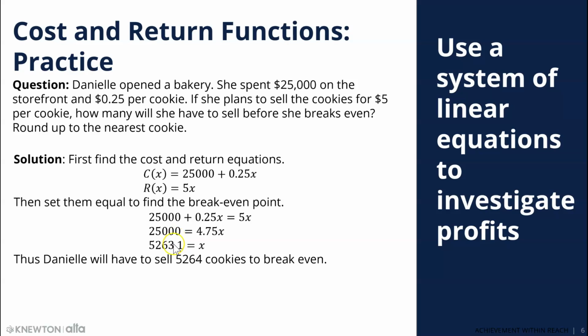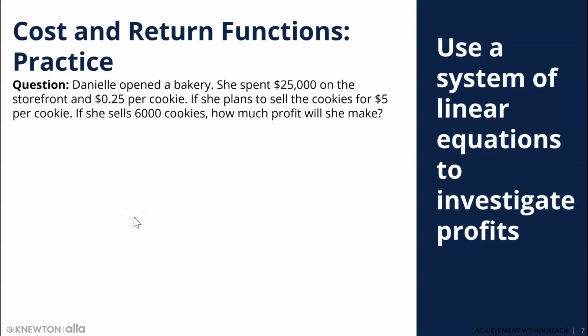Because it should be more than 5,263, and 5,263.1 is more than 5,263, that's the reason why we round up to 5,264.